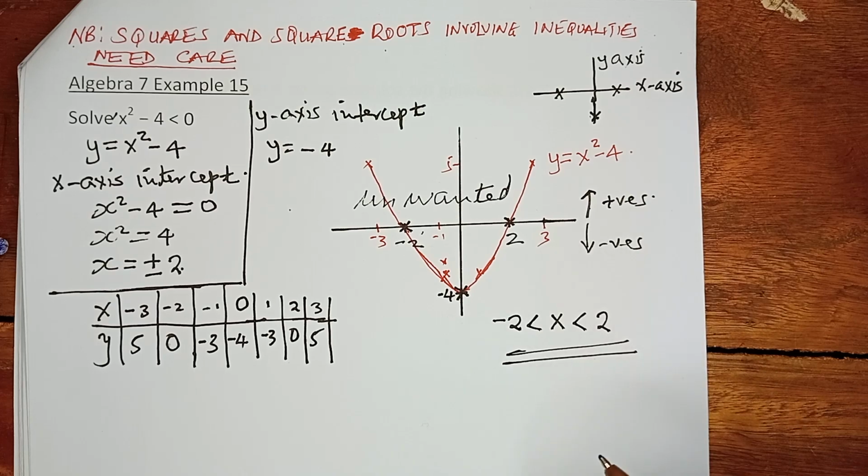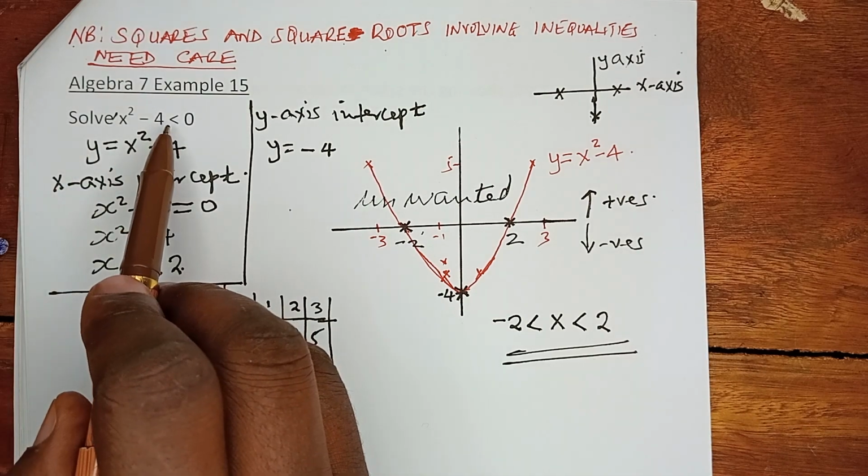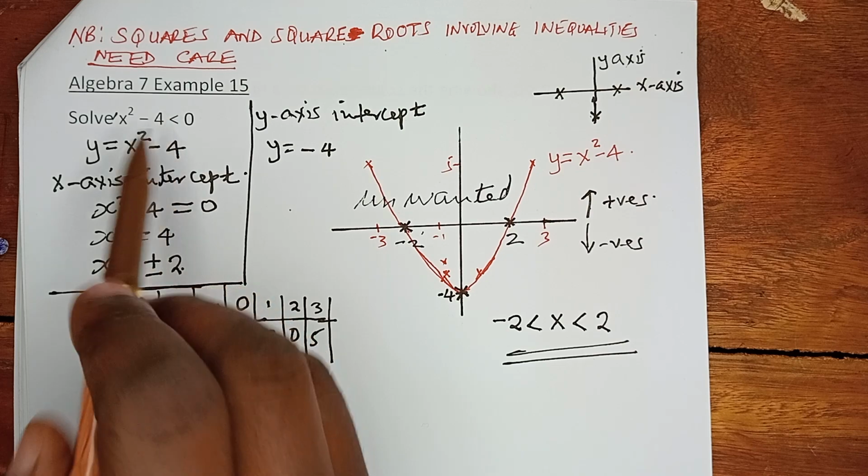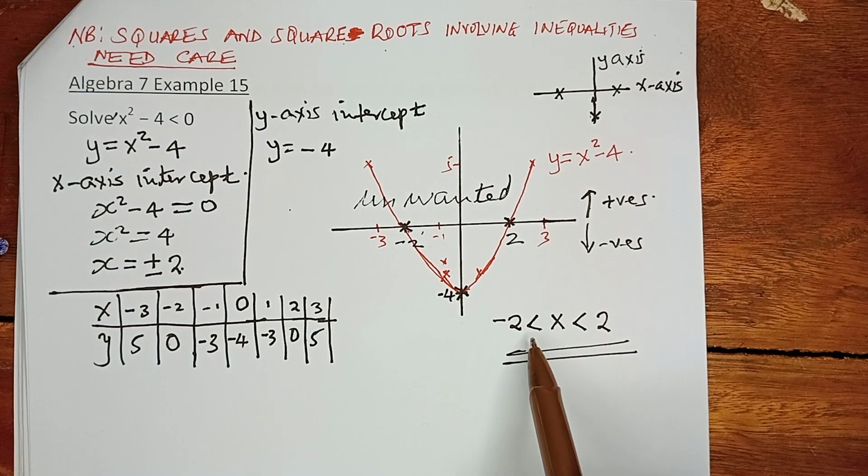That is our answer to that particular question. Should this have been less than or equal to, then we should have included the boundary points, but it is just less than, which is our final submission.